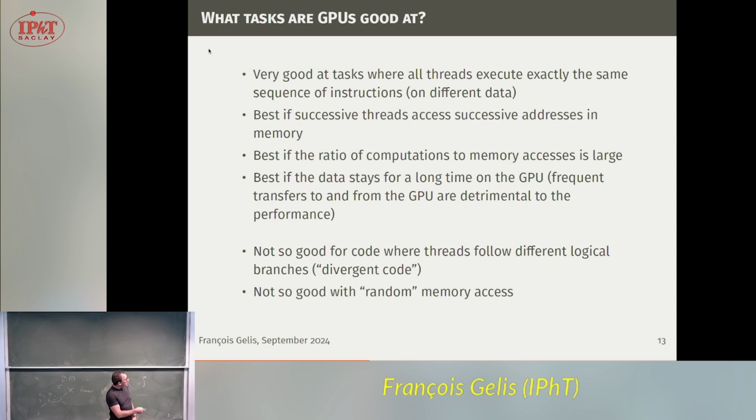But you see also that this problem of having sequential memory addresses is something which is not always easy to achieve. If you think of an algorithm as simple as multiplying two matrices, the first matrix in the product will be read following the rows, but the second matrix will be read following the columns.